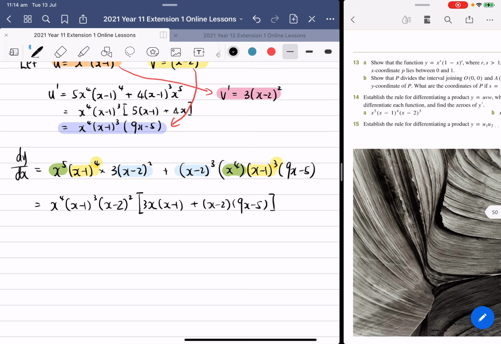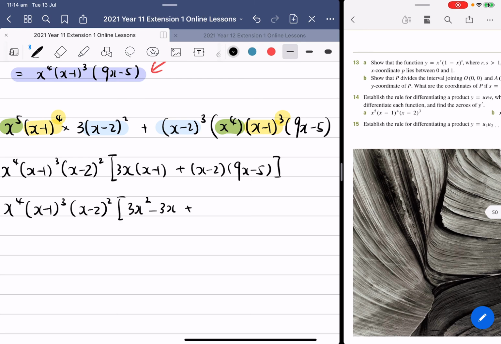Wow, it's pretty crazy, this question. You just need to expand the bracket here to get a final answer. I hope I don't need to use quadratic factorization to factorize this one here. Let's see, 9x squared minus 5x.